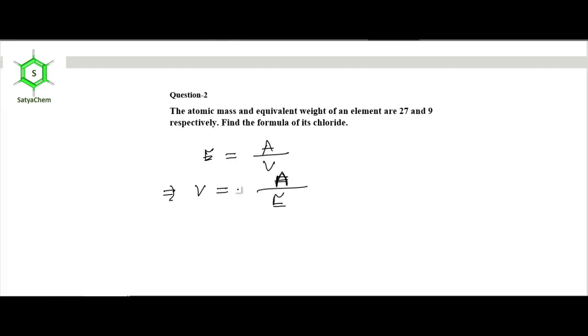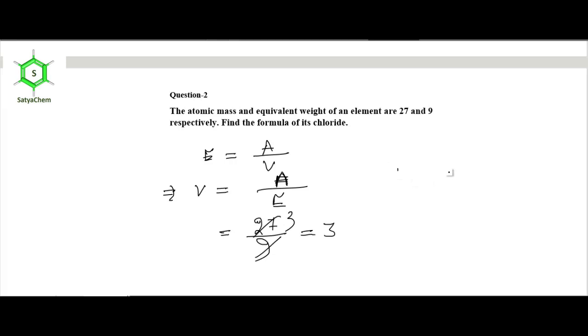So the valency of the element will be, atomic mass is 27 and equivalent weight is 9, so valency is 3.